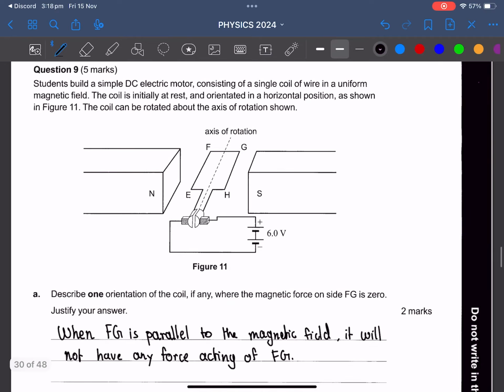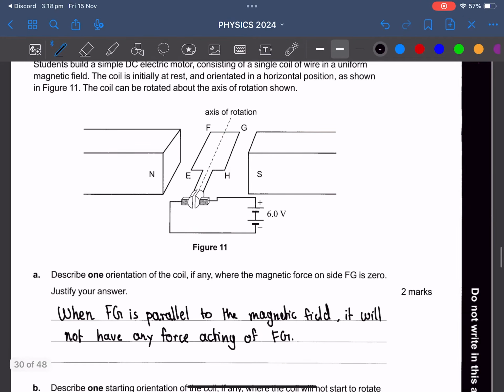Okay, so I guess if the coil is vertical, I don't think it will rotate then, because there will be no torque generated, essentially.